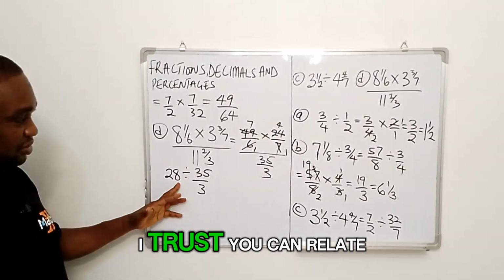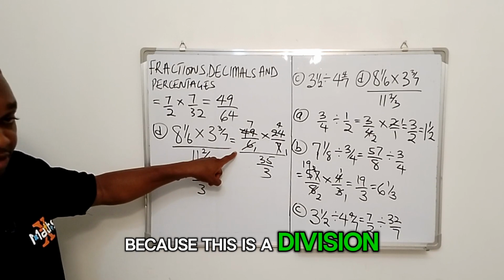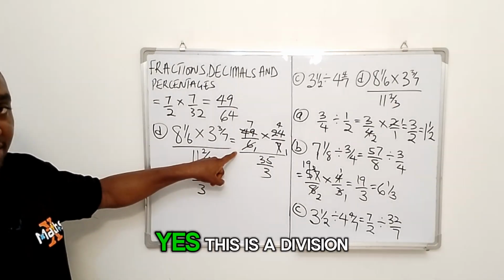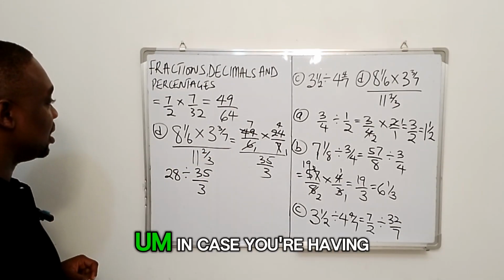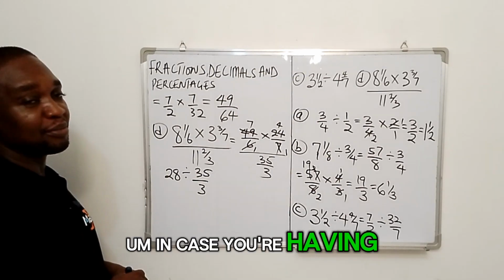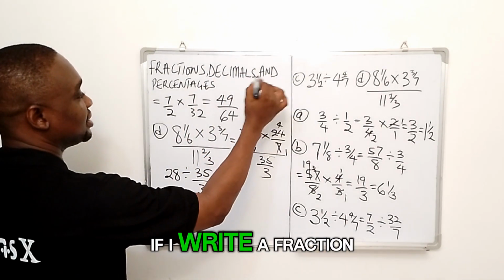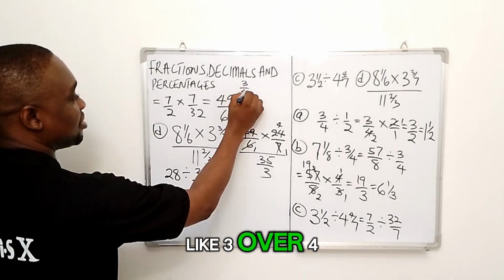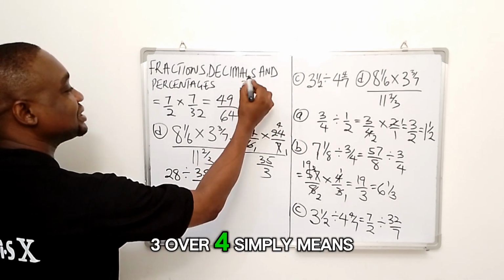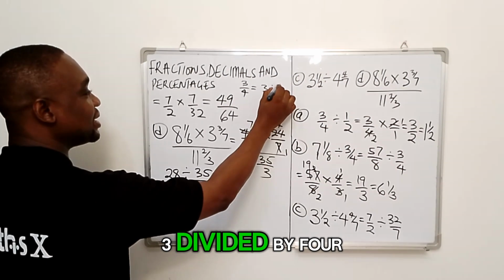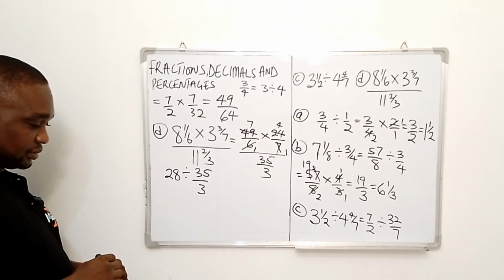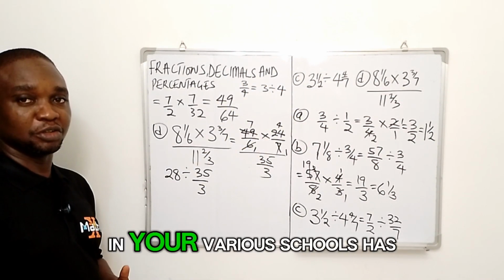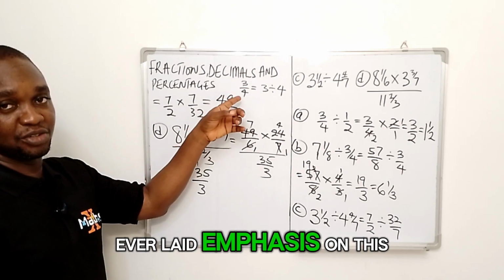I trust you can relate to this because this is a division sign. In case you're having problems relating, if I write a fraction like 3 over 4, 3 over 4 simply means 3 divided by 4. I don't know if your teachers in your various schools have ever laid emphasis on this.